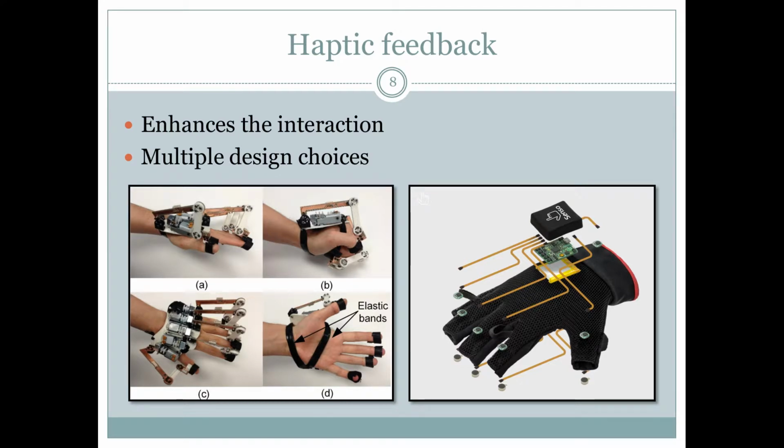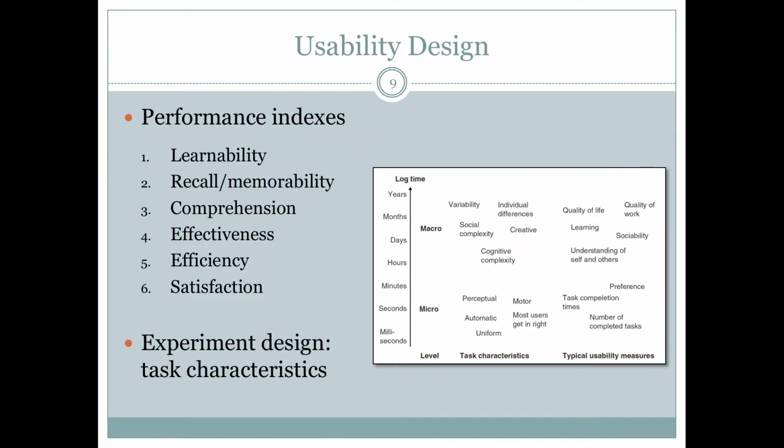The different approaches are mainly related to how much force you can impress on the hand and where you want to give that force. For example, this design is giving force to the whole fingers, while this one is using vibration actuators to only give a tactile sensation on the fingertips.